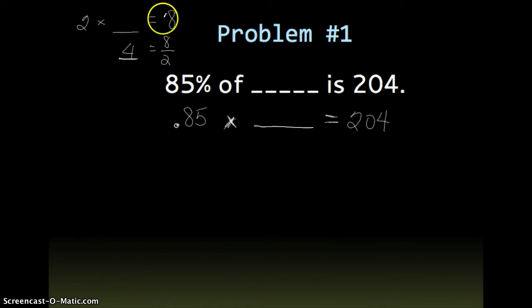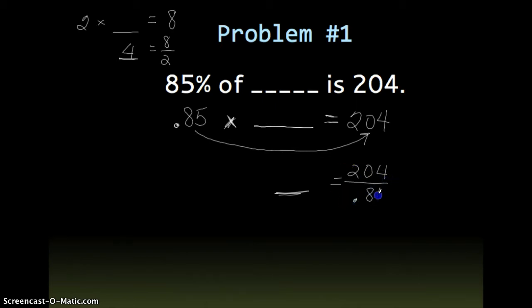So just like doing this, we're going to solve it by doing division. So instead of multiplying, we're going to divide. So we're going to bring this 85 hundredths underneath the 204. So we're going to rewrite it. We're going to say blank is equal to 204 divided by 85 hundredths.